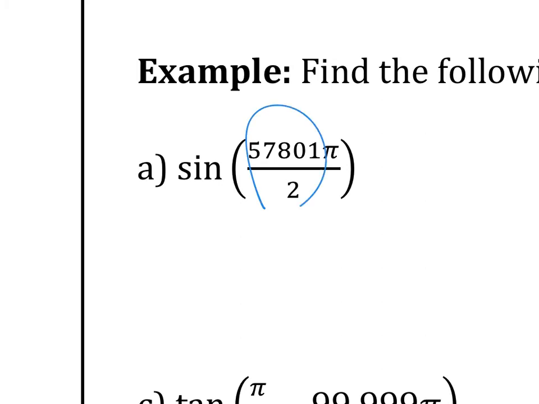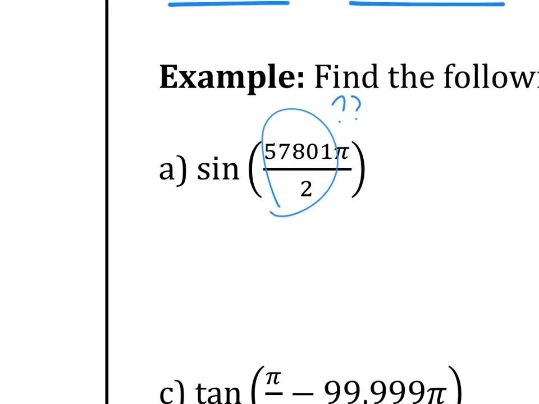Okay, so the question is, what is really this number in the unit circle? Basically, what is the coterminal angle with this angle? What's a fast way to do this, besides keep subtracting 2 pi? Minus pi over 2? Sure.